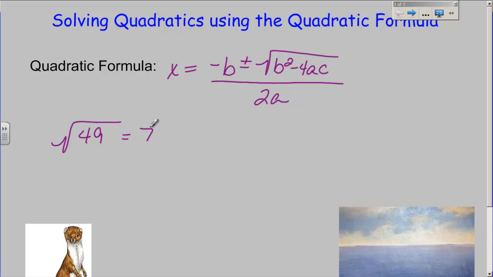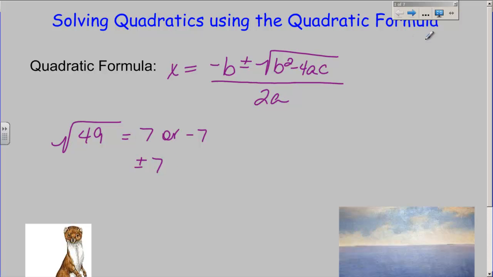But you should also know that the square root of 49 also equals negative 7, because what happens when I do negative 7 times negative 7? What does that equal? Negative 7 times negative 7 gives you a positive 49. So the square root of 49 is really plus or minus 7. It could be either one of those numbers. It could either be a positive 7 or it could be negative 7, because both of those numbers work. That is the reason why this plus or minus is there.